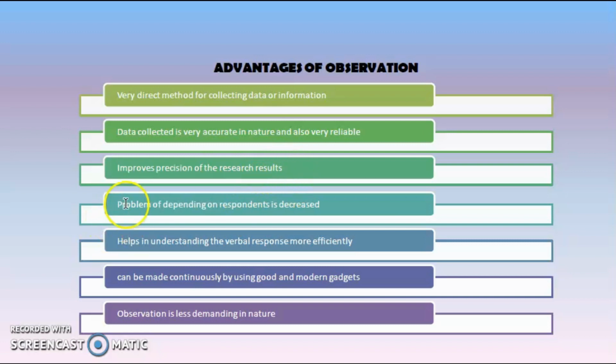Fourth, the problem of depending on respondents is decreased. Next, it helps in understanding the verbal response more efficiently. Next, observation can be made continuously by using good and modern gadgets and also for a larger duration of time. And lastly, observation is less demanding in nature, which makes it less biased in working abilities.